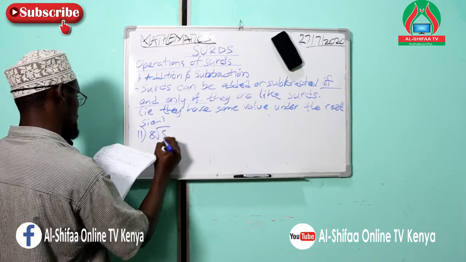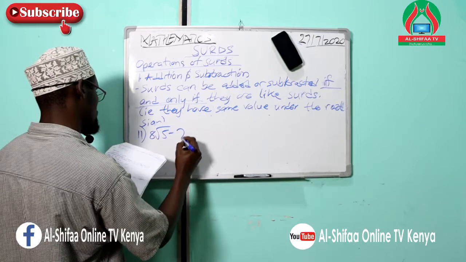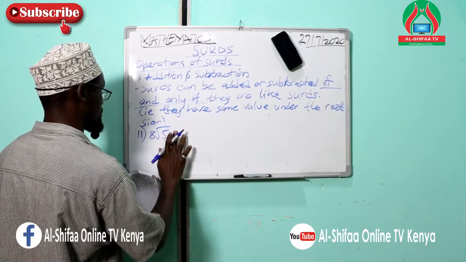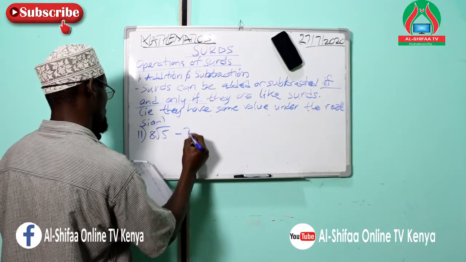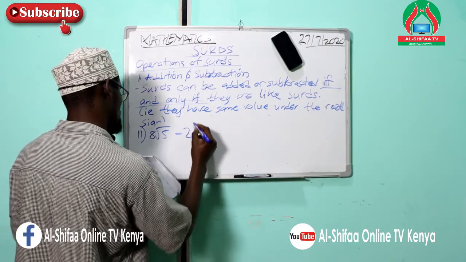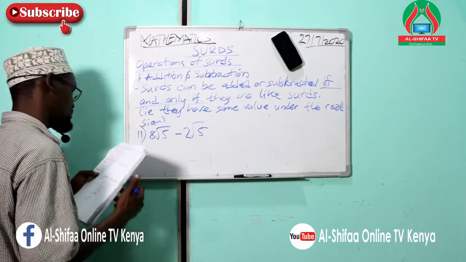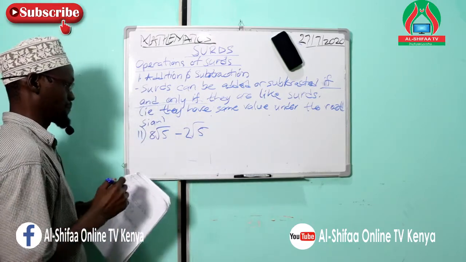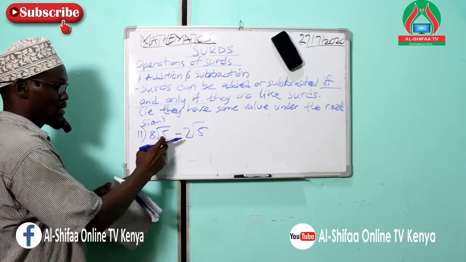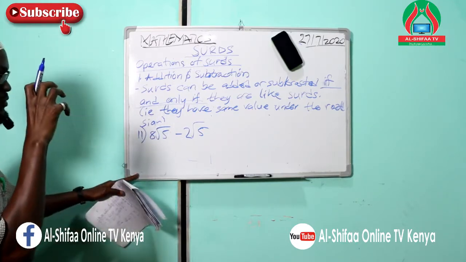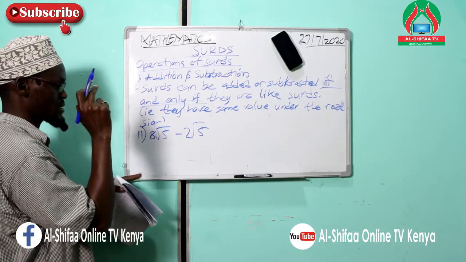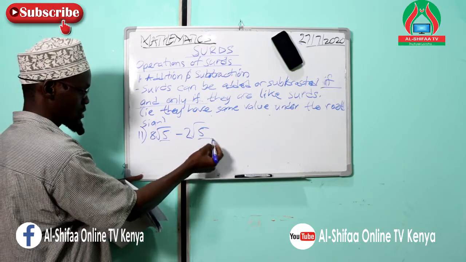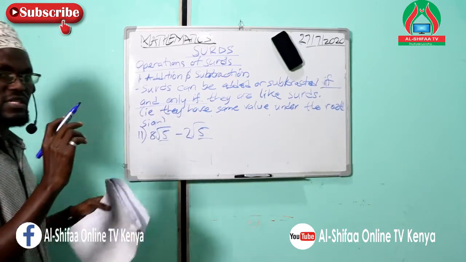8 root 5 minus 2 root 5. Here we have to be very careful to ensure first, before doing the operation, that the numbers under the root are of the same value.